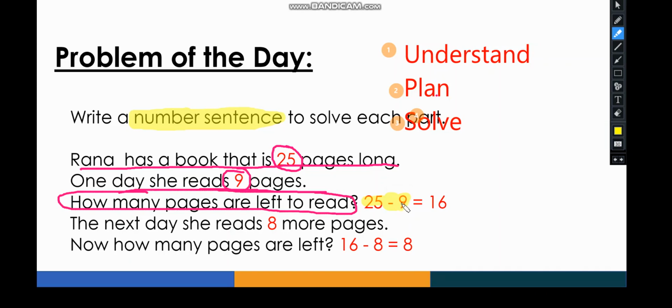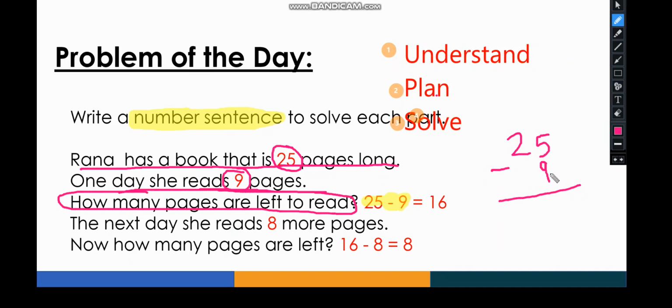Yes, I can put 9 in my mind till 25 and count in my hand. How is it? Or I can say like that. 25 minus 9. How can I answer this one?